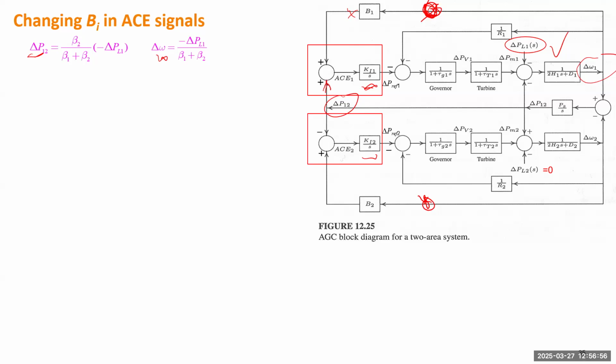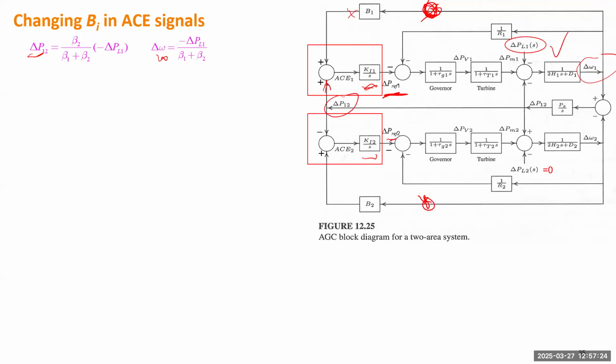We use the frequency deviation multiplied by another coefficient, which we call B, or B1 or B2. Then we add another item, which is either positive or negative tie line flow change, and we create ACE1, ACE2, and we feed the signal to the integral controller, and the integral controller is going to update the set point.